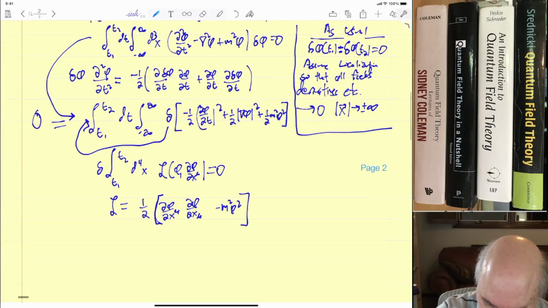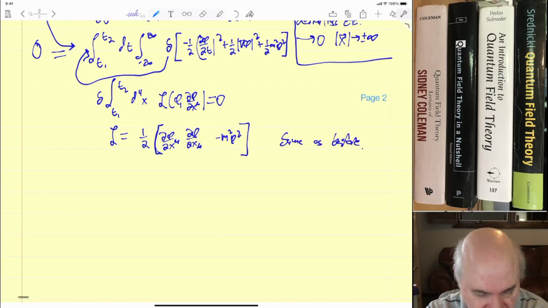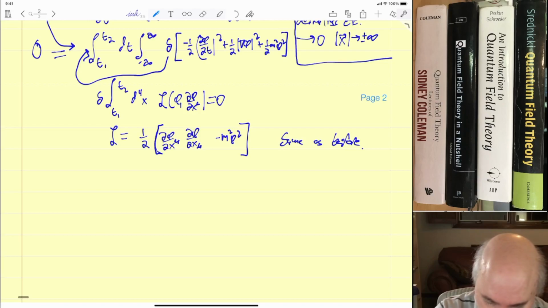Okay, and this is the same as before. So if you ever have an equation and you're trying to figure out what the Lagrangian is and you can't find your book or something like that, just multiply it by a variation and integrate and use some integration by parts.